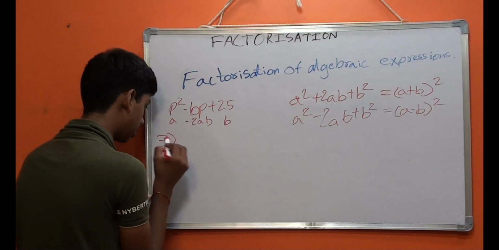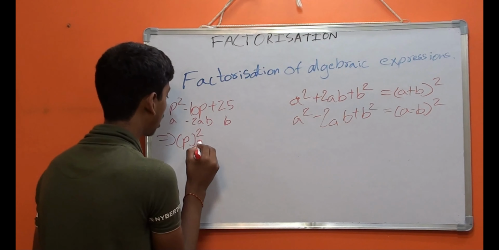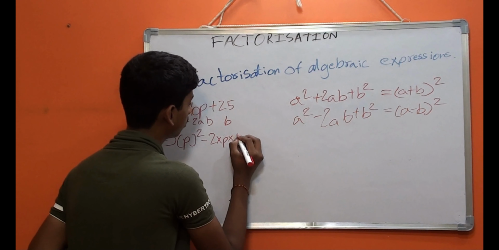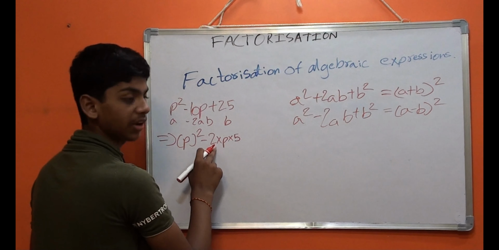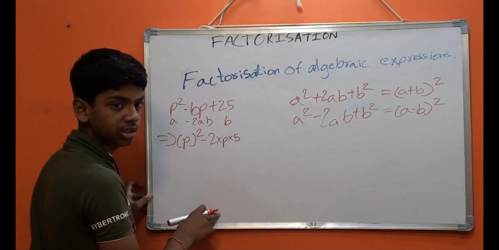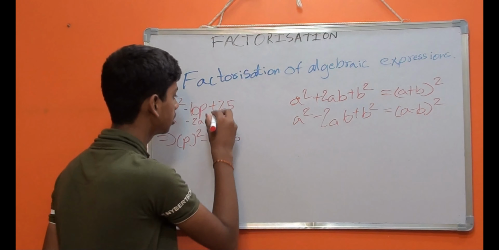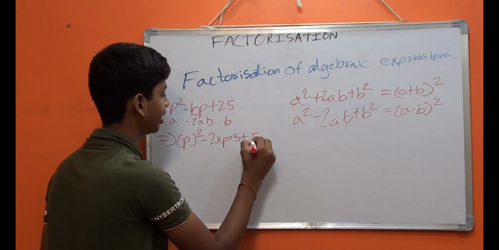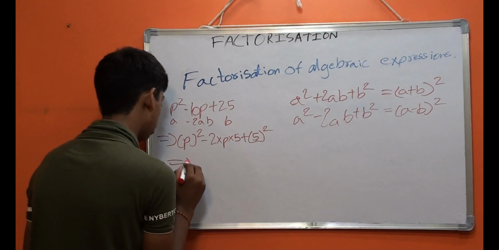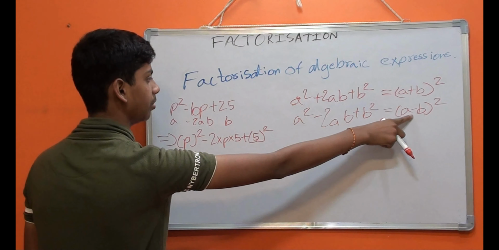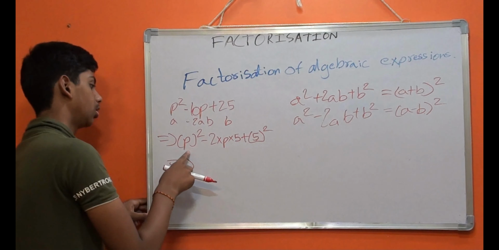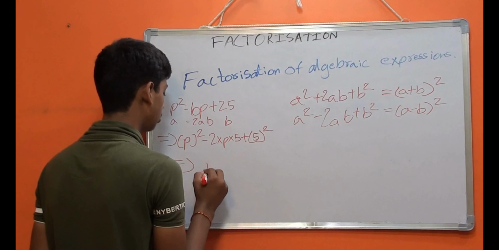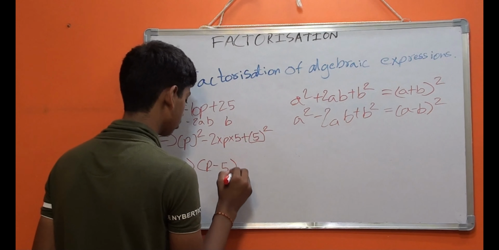Now we will simplify it. p square minus 2 into p into 5. So 2 into 5 equals 10, 10 into p equals 10p, so we got the answer. Plus 5 square is 25. Now this equals, in the (a minus b) whole square, we'll replace p in the place of a and 5 in the place of b. So it becomes (p minus 5) whole square.